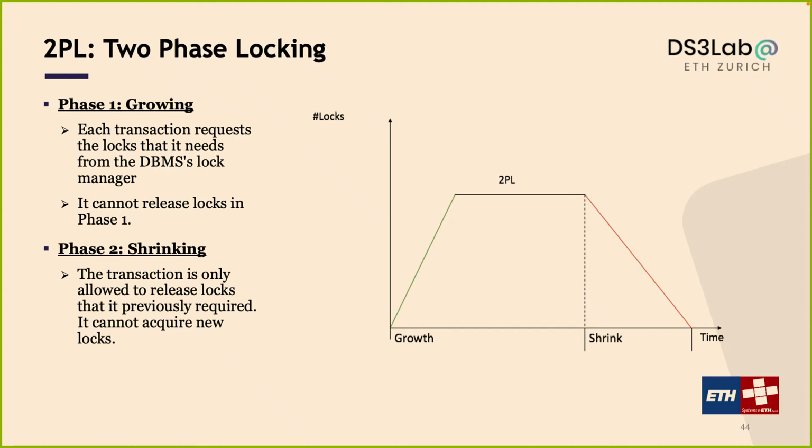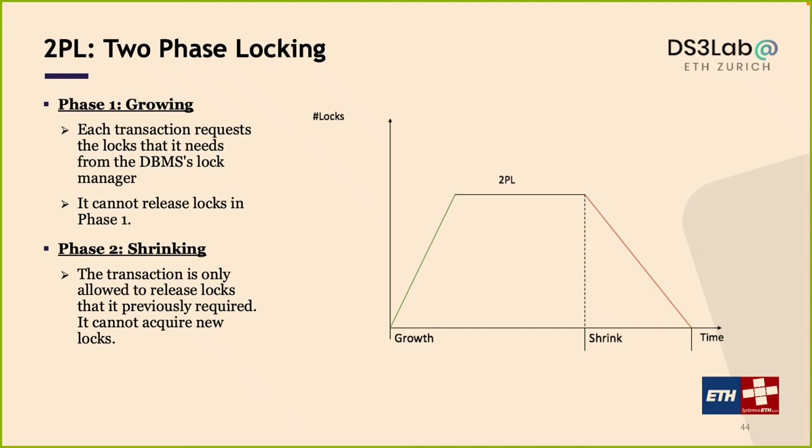And then the second phase is a shrinking phase, where the transaction can only release locks but not acquire locks. Make sense? You cannot acquire a lock, release a lock, and acquire again, because all the acquisition of locks needs to happen in phase one, and after that, you can only release locks.